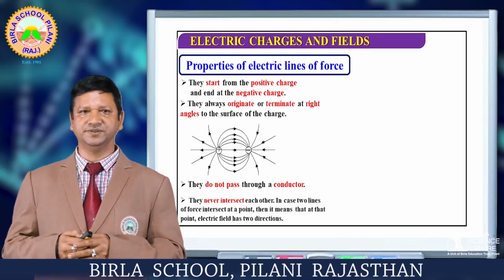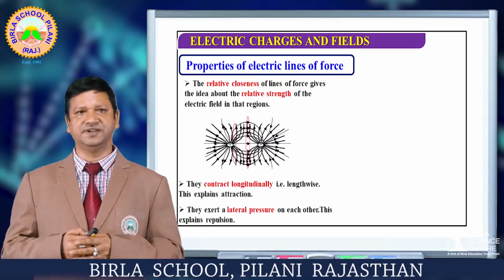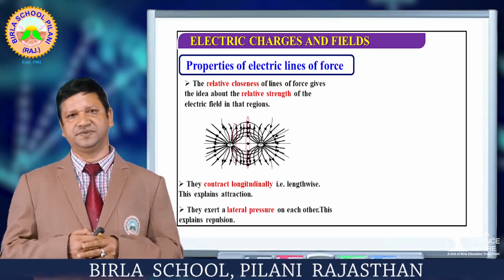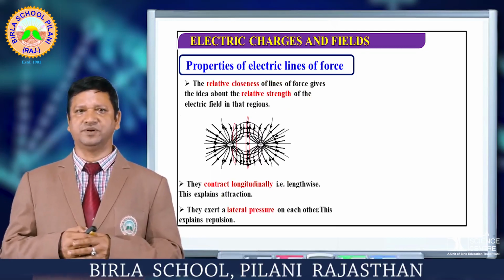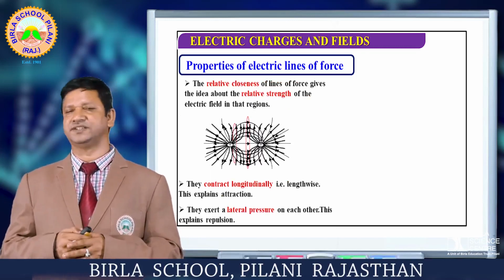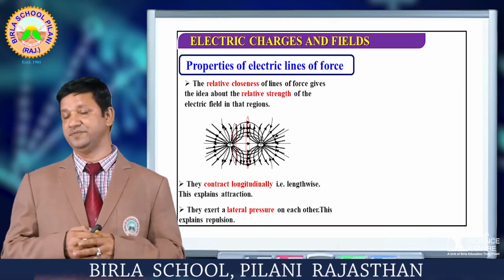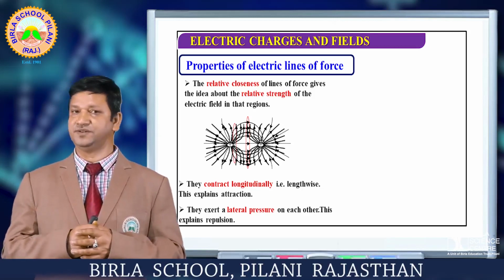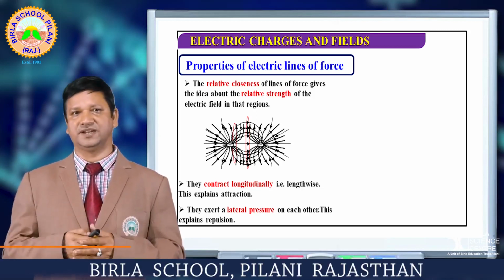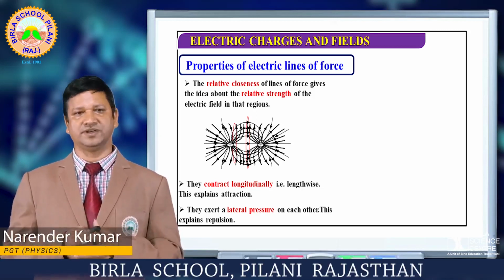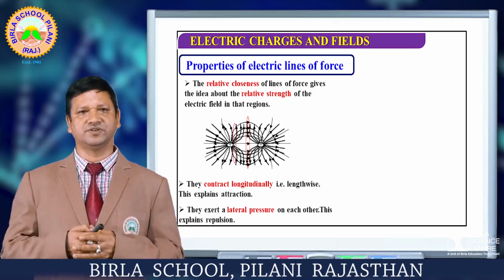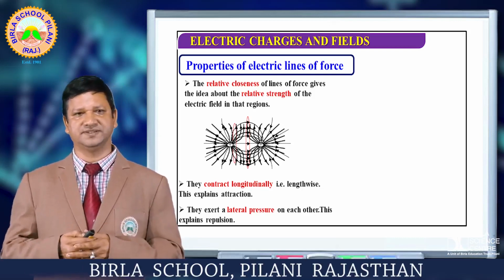Let us continue the properties of the electric field. The relative closeness of the lines of force gives the idea about the strength of the electric field in that region. It means if electric field lines are very close to one another, then obviously the electric field is stronger, and if they are farther from each other, the electric field is not as strong as in the previous case.